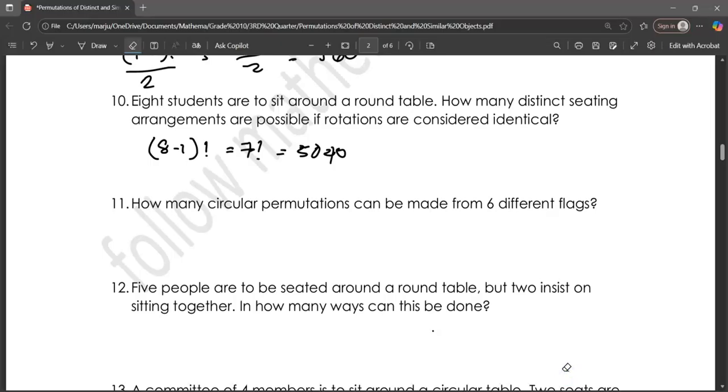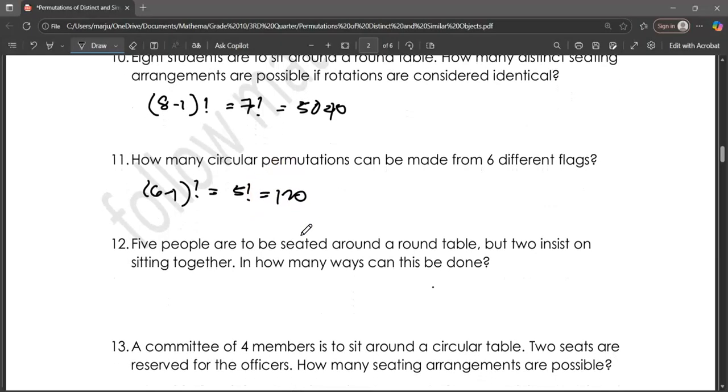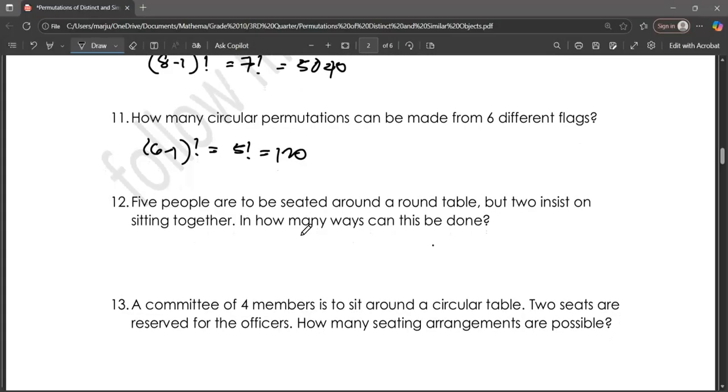Let's do number 11. How many circular permutations can be made from 6 different flags? That is just 6 minus 1 factorial, or simply 5 factorial. This will give you 120. And then number 12, 5 people are to be seated around a round table, but 2 insist on sitting together.